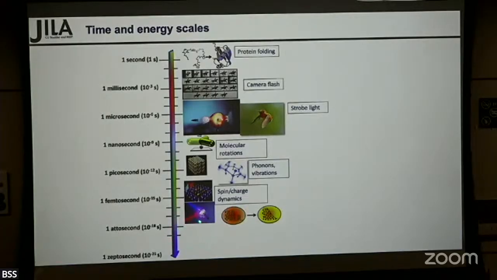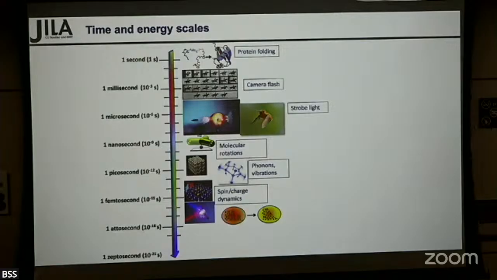But then I'll go back up to a femtosecond, because any phenomena coupled to the phonons are above a femtosecond, or even above 20 femtoseconds, because the lattice can't do anything on that timescale. The fastest phonon frequencies are on the order of 100 femtoseconds.